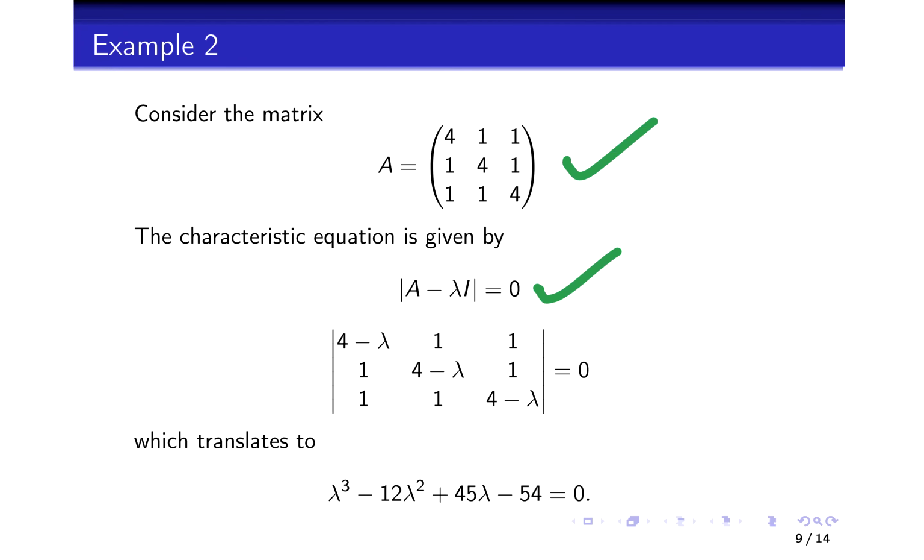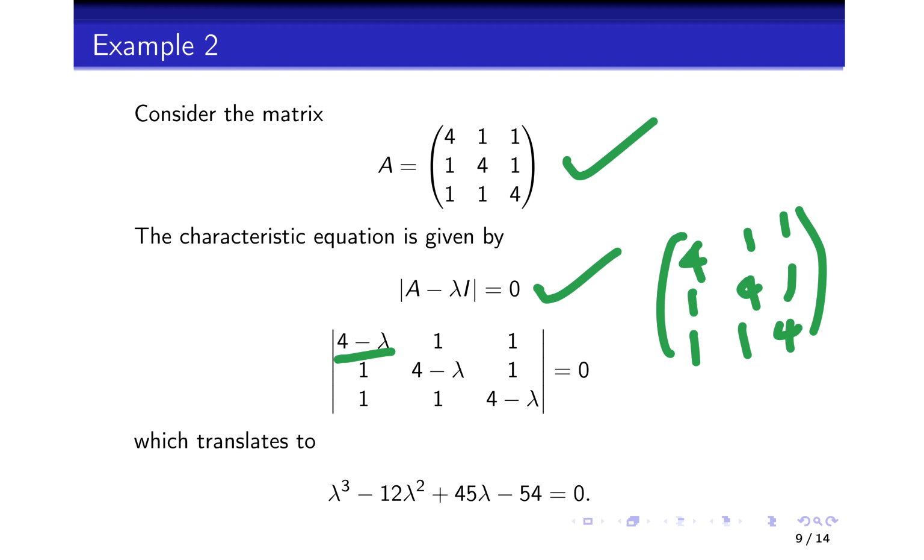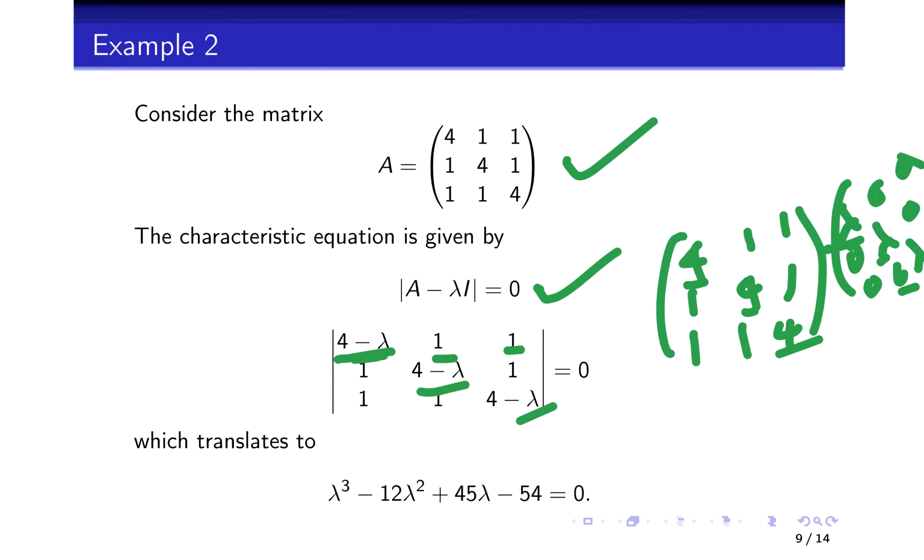That will be 4 minus lambda, 1, 1, because this is actually 4, 1, 1, 1, 4, 1, 1, 1, 4 minus lambda I, which is lambda 0, 0, 0, lambda 0, 0, 0, lambda. So you subtract, and you see everything is on the diagonal, 4 minus lambda, and then 4 minus lambda again, like that. That's why we have all that.